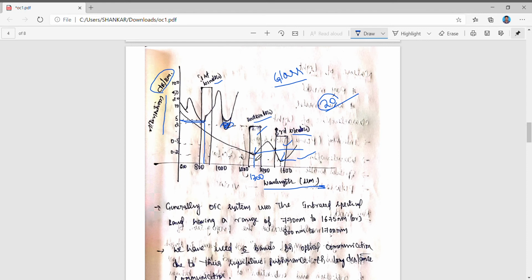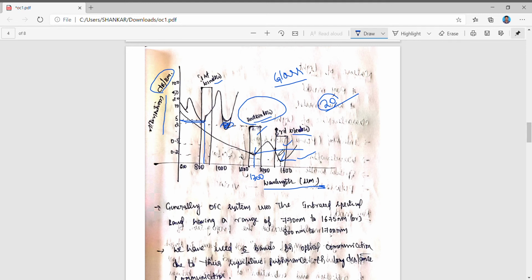Why? Because in the second window, with 0.5 dB attenuation, there is less dispersion. So for that reason the designers choose both windows, the second window and the third window, for optical communication purposes.